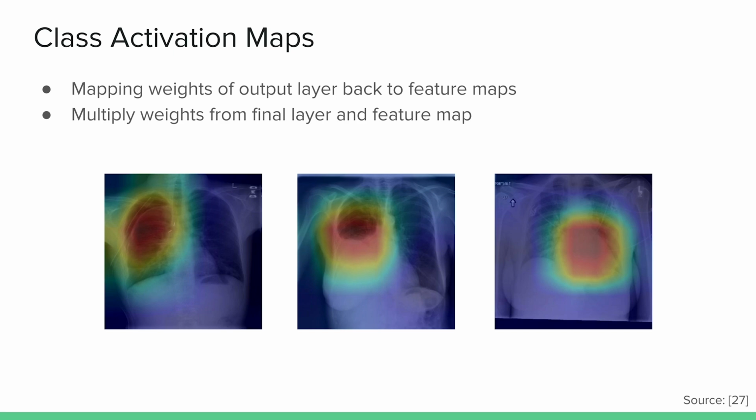We take those features, we multiply them with the weights of our last layer, and that gives us an activation map which says which features were related to which part of our last layer, which still has the spatial information for images, for example.